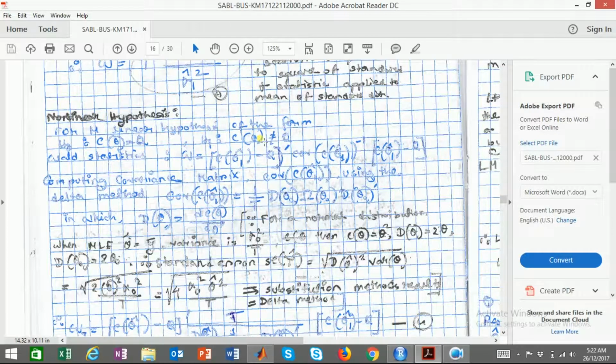Previously we had the covariance in case of theta 1 minus theta naught inverse, where theta 1 minus theta naught later turned to 1 by d theta naught. So here the covariance is simply c theta naught minus q.